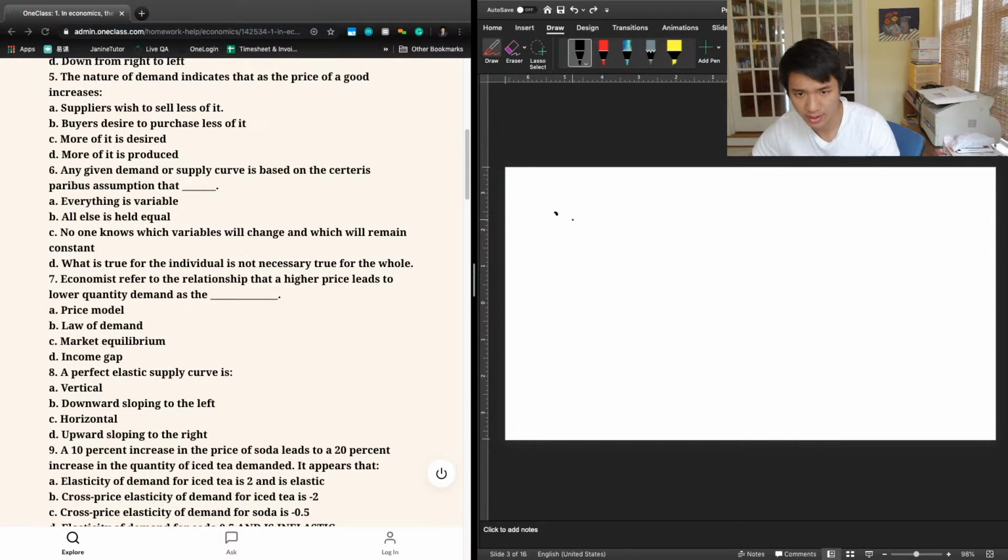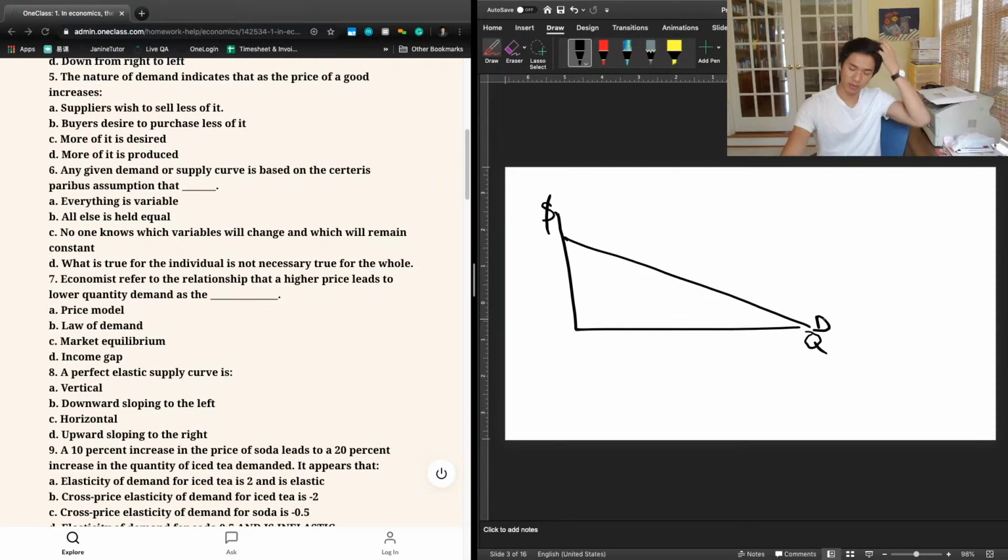All right, this is that graph. We have our price, we have quantity, we have our downward sloping demand curve. And so there's a negative relationship between price and quantity. And so as the price of a good is going up, so you're going from, let's say, this point to this point, you see the price is going up.